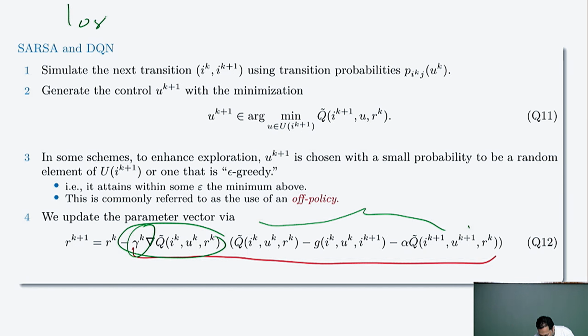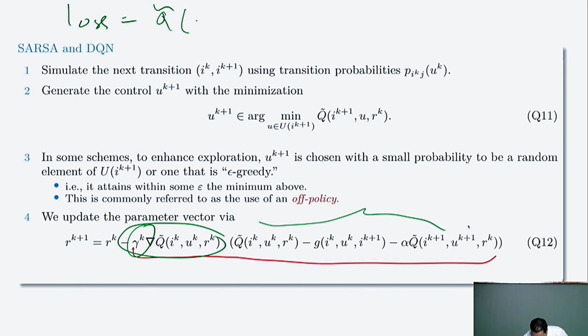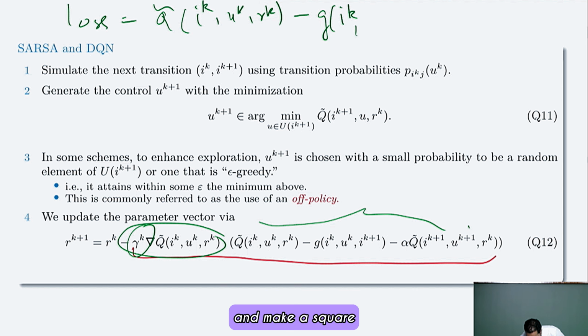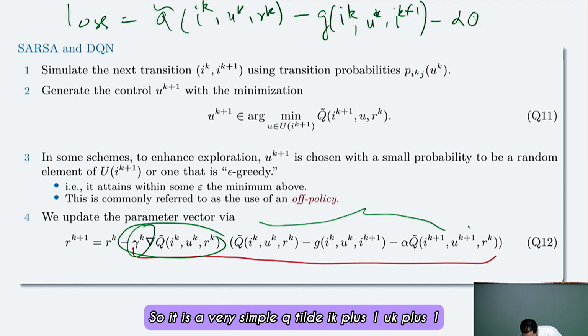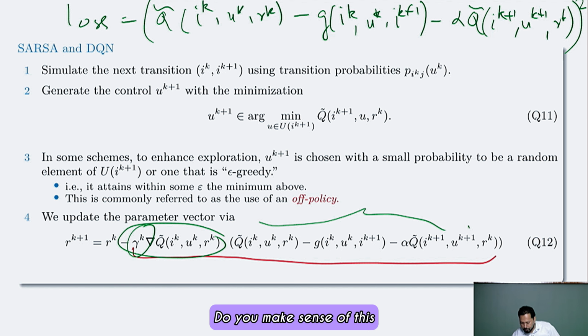So let us say the loss function is, as you can see from here, Q tilde i_k u_k r_k minus, basically I have to copy and make a square. I think you get the hint. So it's very simple: Q tilde i_{k+1} u_{k+1} r_k, and you square it. Does this make sense?